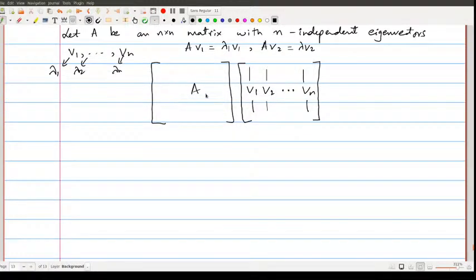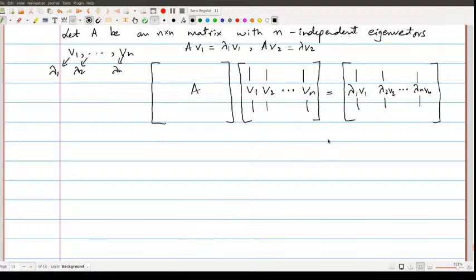So when I multiply A times V, I can think of it as multiplying a matrix with one vector at a time. A times V1 gives me lambda 1 V1. The result will be lambda 1 V1, that's the first column, lambda 2 V2, second column, and lambda n Vn, that's my last column.